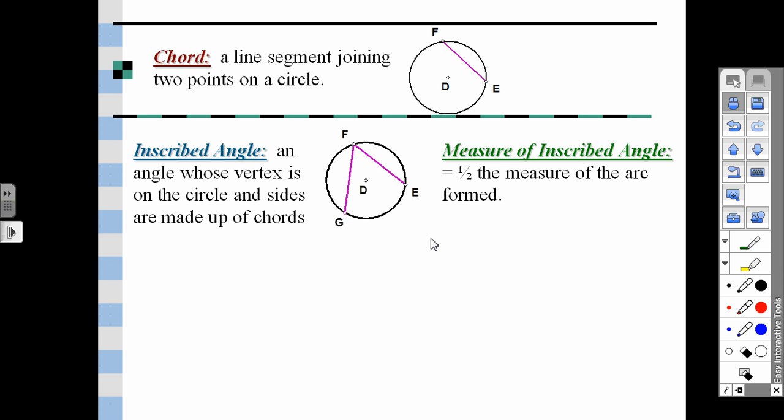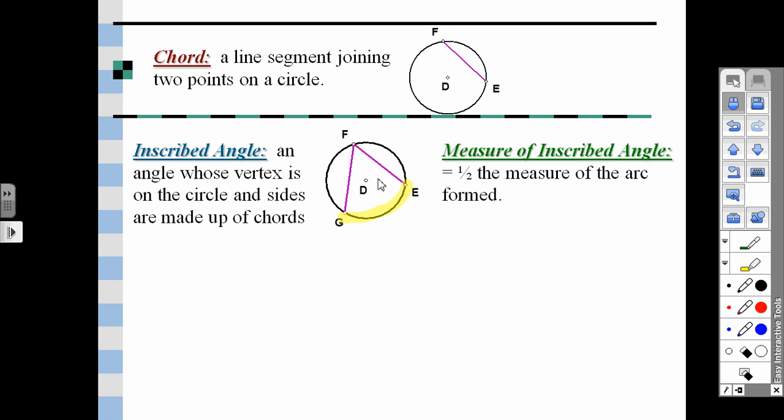And we want to know how to figure out the measure of an inscribed angle. And the nice thing is it's a pretty easy formula. You're just going to take half of the measure of the arc that's formed. So every time you have an inscribed angle, these 2 chords are going to cut off an arc. So here's the arc that it cuts off. And so you look at the measure of this arc in order to look at the measure of this angle.